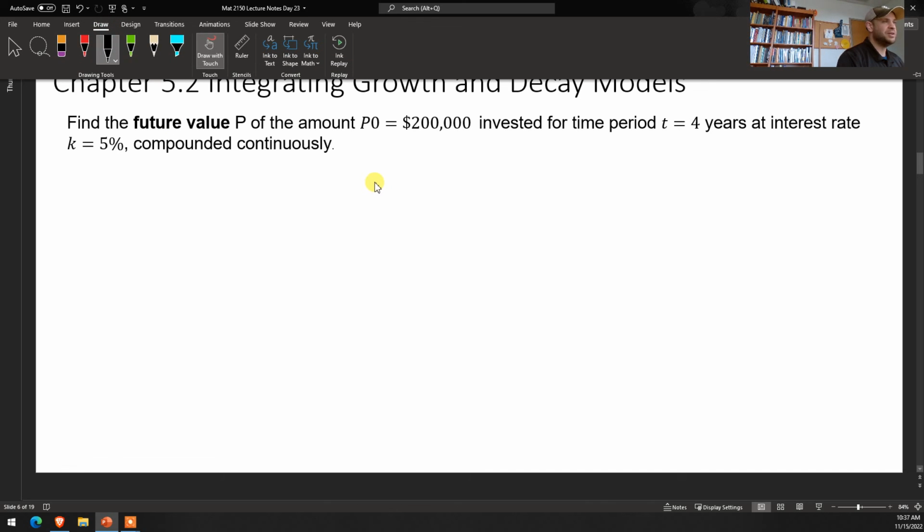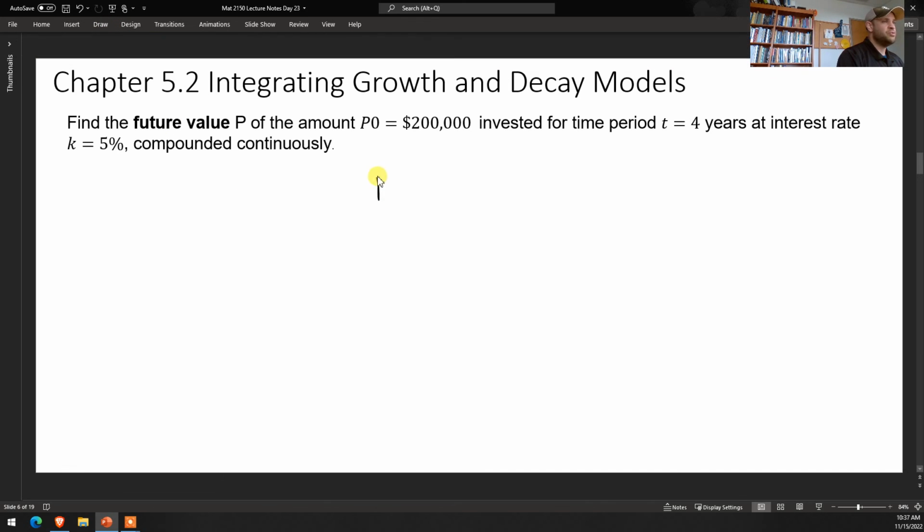Our exponential model says the future value will be given by the present value, the starting amount, times e raised to the interest rate, k, times the amount of time t.